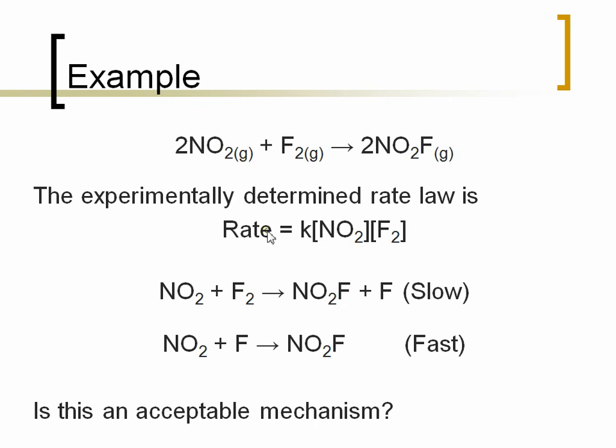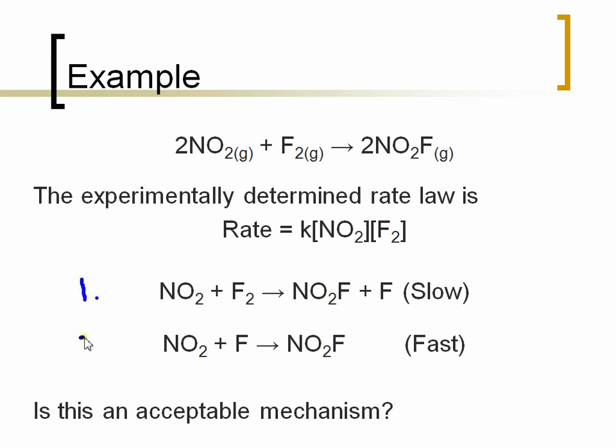All right, so here we have nitrogen dioxide reacting with fluorine gas to form 2NO2F. So this is definitely a synthesis reaction. They're saying that the experimentally determined rate law is rate equals k[NO2][F2]. And they give us a proposed mechanism that happens in two steps.